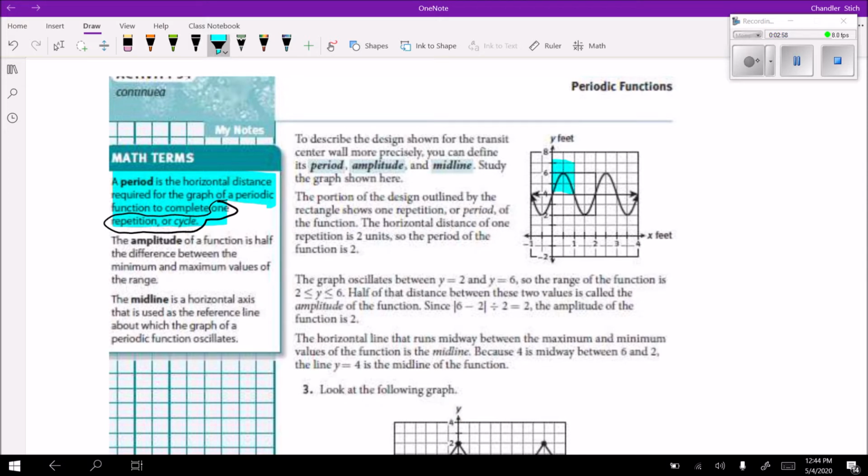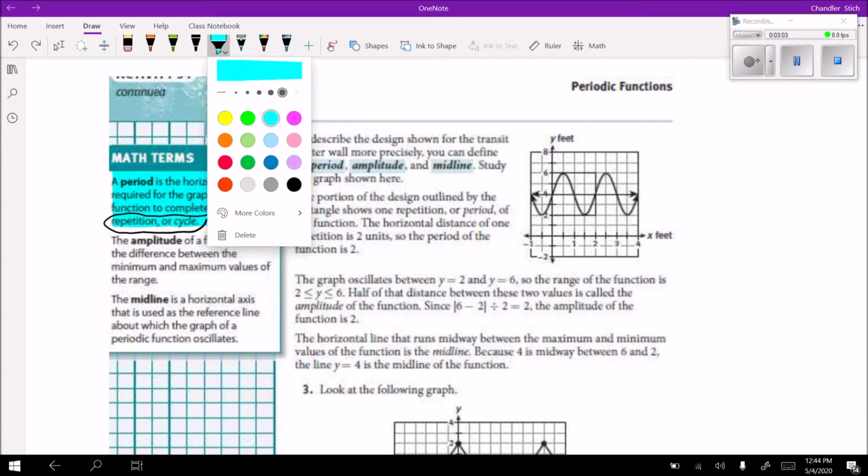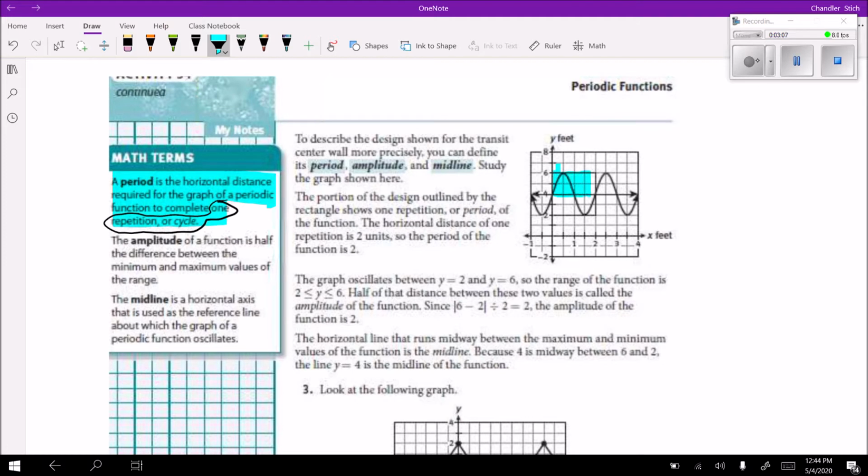So what a period is, is this right here. This is your period. Alright? Sometimes, most of the time, we start at the axis. So here's the y-axis, so you can see I'm going to start right here.